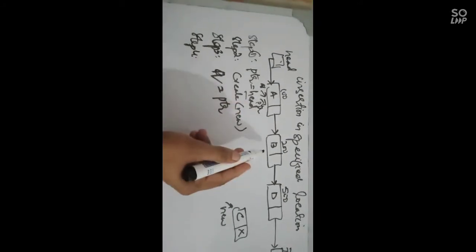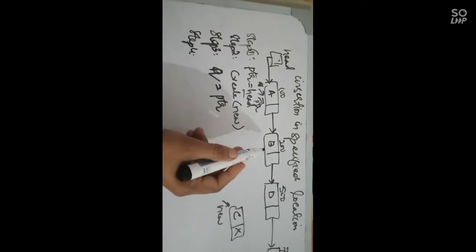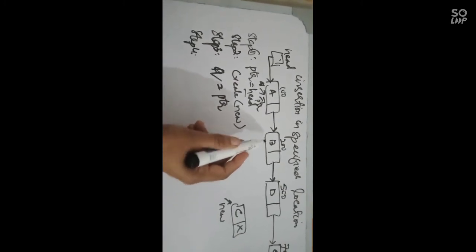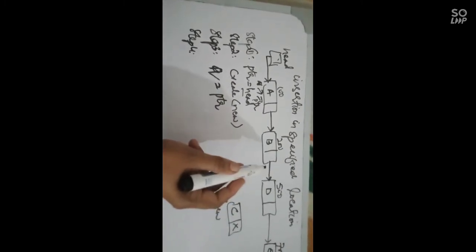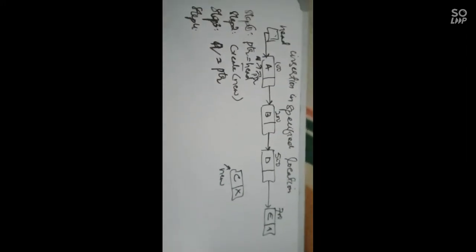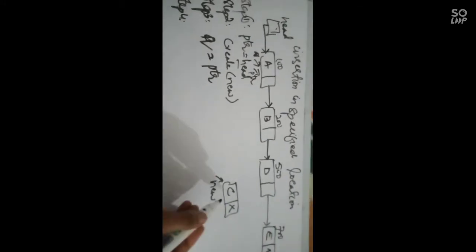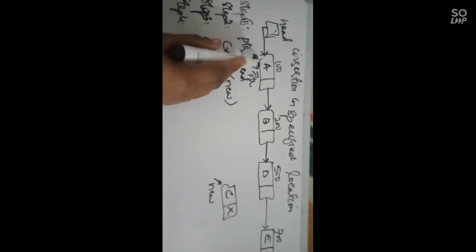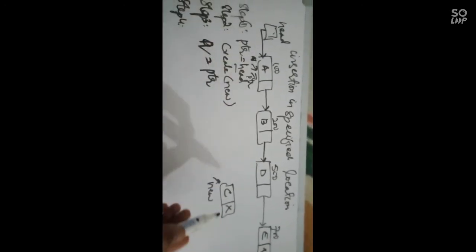Okay, now our step 4 is to move our pointer to the next node until we reach our specific location. Okay, so how will we move our pointer to the next node? We will have some initial criteria of comparison of this information with the first node information, and if it is greater than or less than.